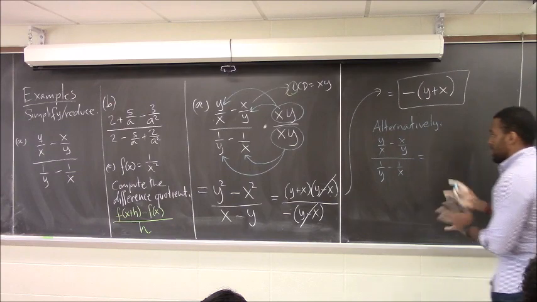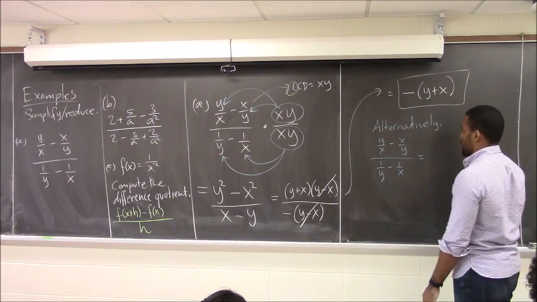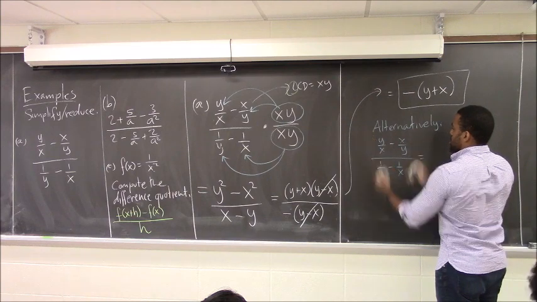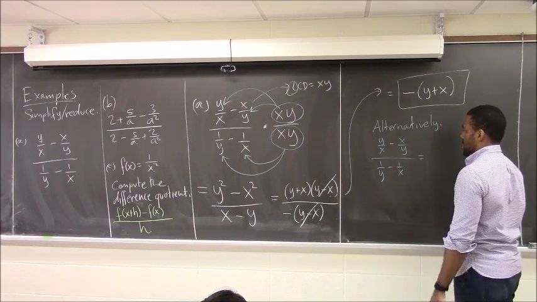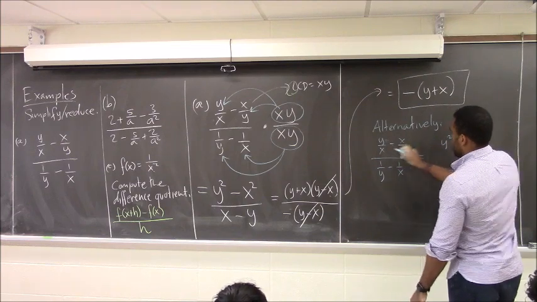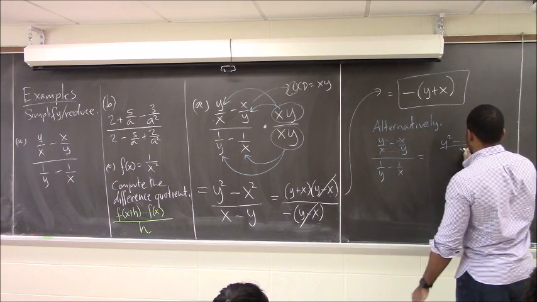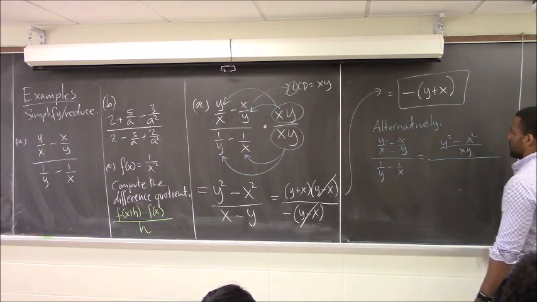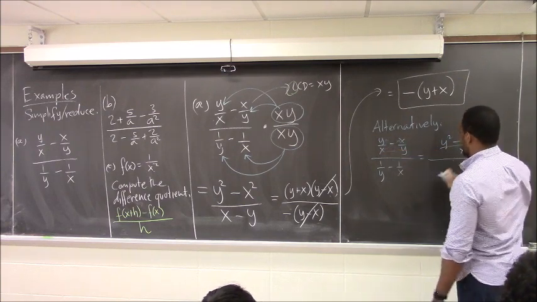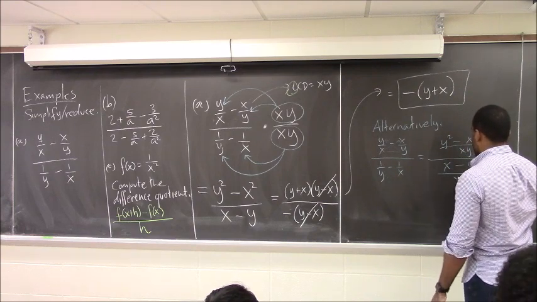You could do the combining fractions in the top and bottom at the same time. So what you would do is, because I don't really know what these numbers are, I'd probably do the definition here: y times y is y squared, x times x is x squared, over x times y, over x times 1 is x, y times 1 is y, over xy.